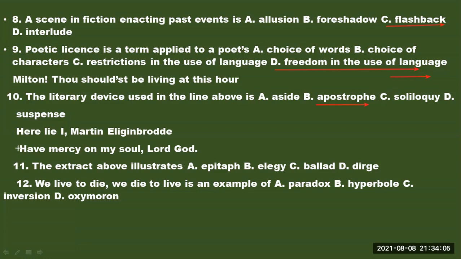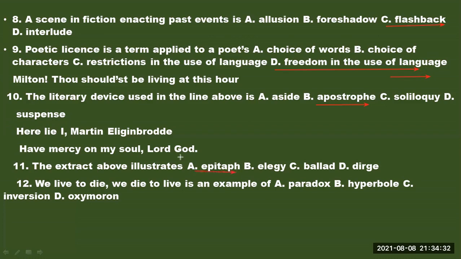Then let's look at another expression here. "Here lie I, Martin Eligimbrode, have mercy on my soul, Lord God." Now, we see these two lines, and then question 11 is based on this expression. The extract above illustrates an epitaph.